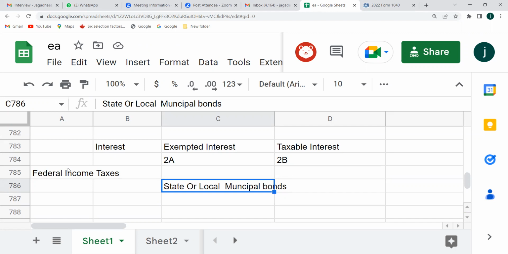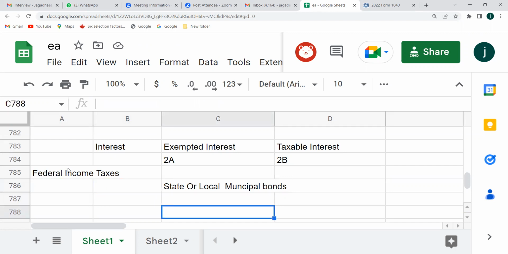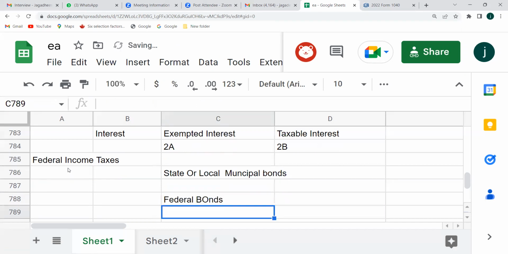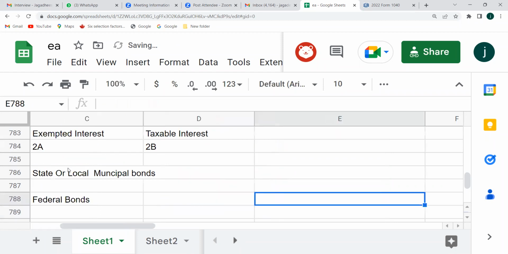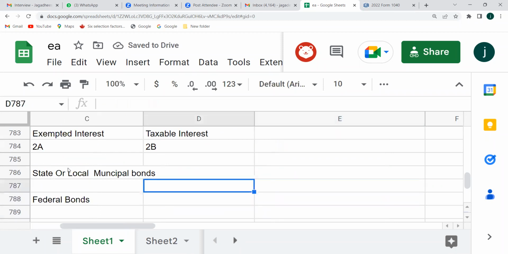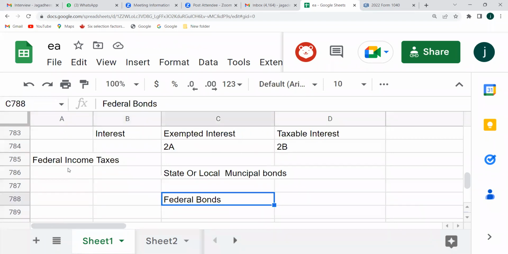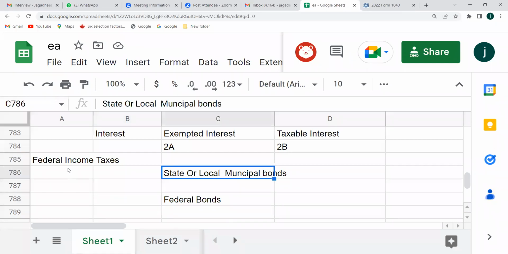Now the point is, if you are getting interest from federal bonds, do we need to pay tax on it or not? Yes, we have to pay on federal bonds, but these federal bonds will be exempted in state and local.